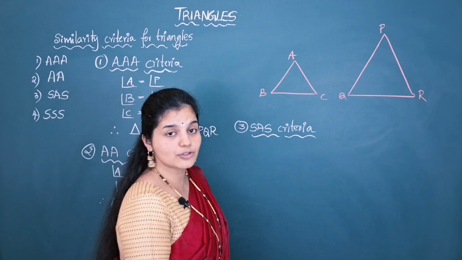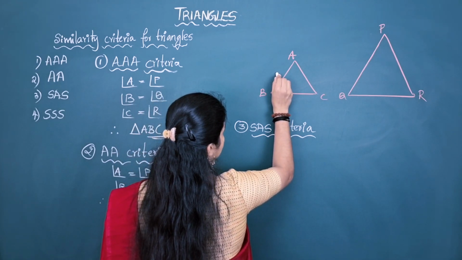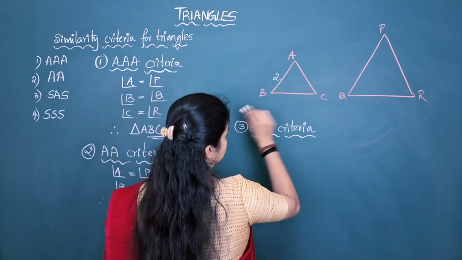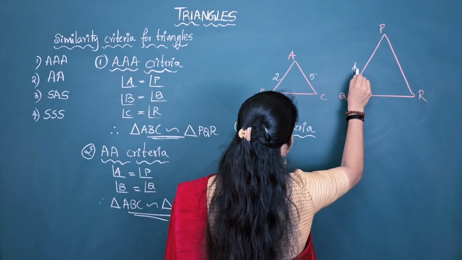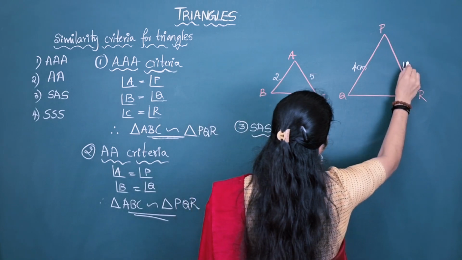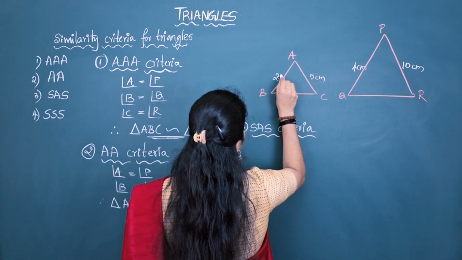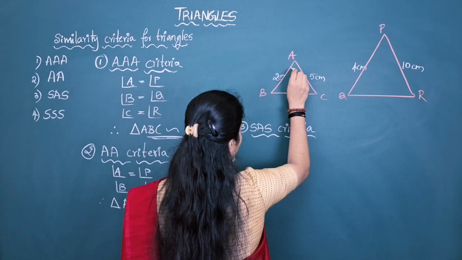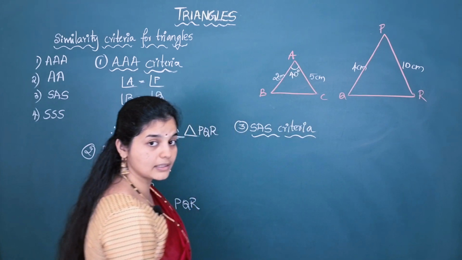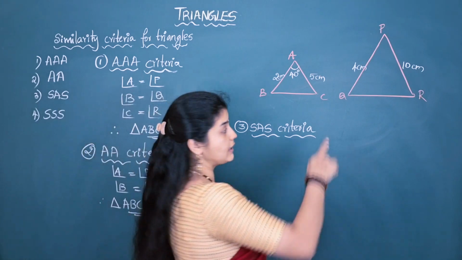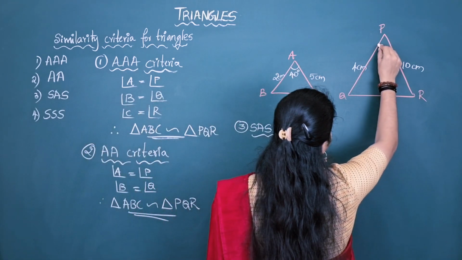Now in these two triangles, I'll consider this side as 2 centimeter and this is 5. Let me consider this is 4 centimeter and this is 10 centimeter. So two sides and the angle between these two sides, the angle along with the two sides we considered.